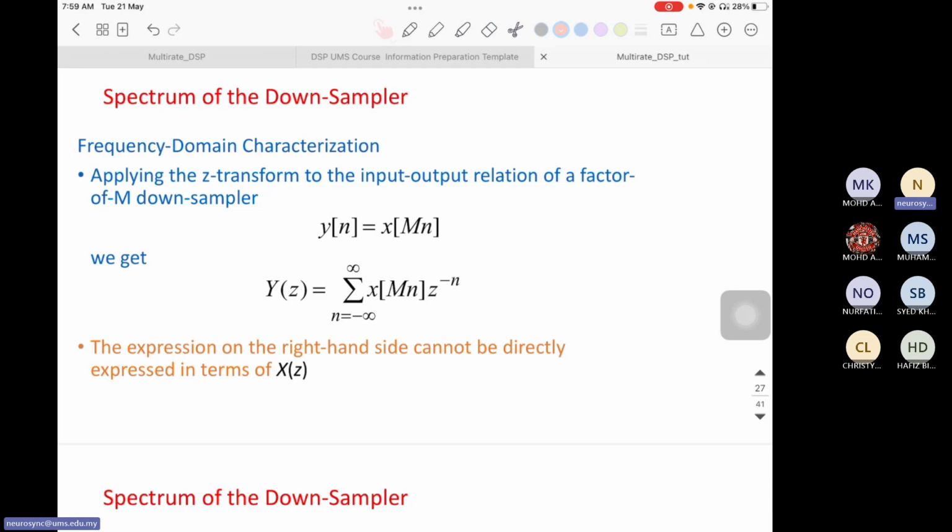So I can get Y of z using the z transform: the summation from n equal to minus infinity to infinity of x of M n times z to the power minus n. Now, looking at the right hand side, you cannot directly write this expression in terms of X of z.